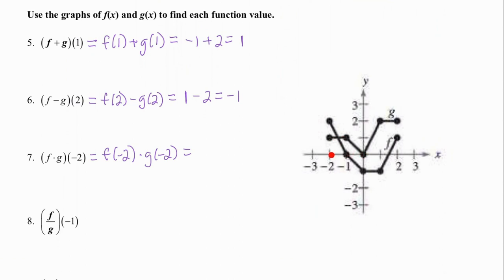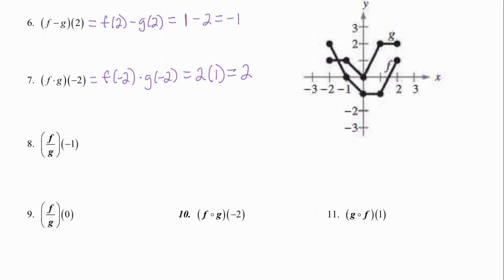So at negative 2, f of negative 2 is actually the upper function, and that value is 2. So f of negative 2 is 2. And then we'd say, okay, g of negative 2. So we go over to negative 2 in the x direction and find the graph of g, which is here. And that value is a positive 1. So we're doing 2 times 1. And so that means f times g of negative 2 would be a positive 2.